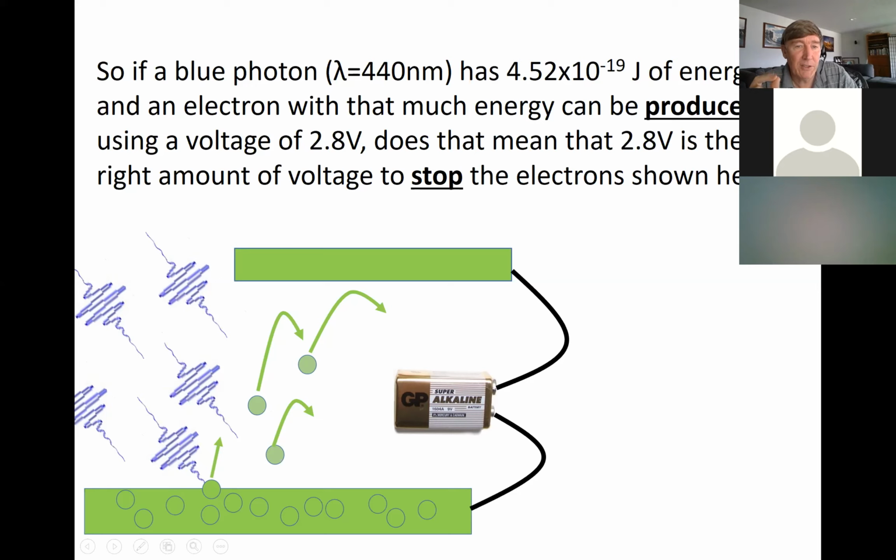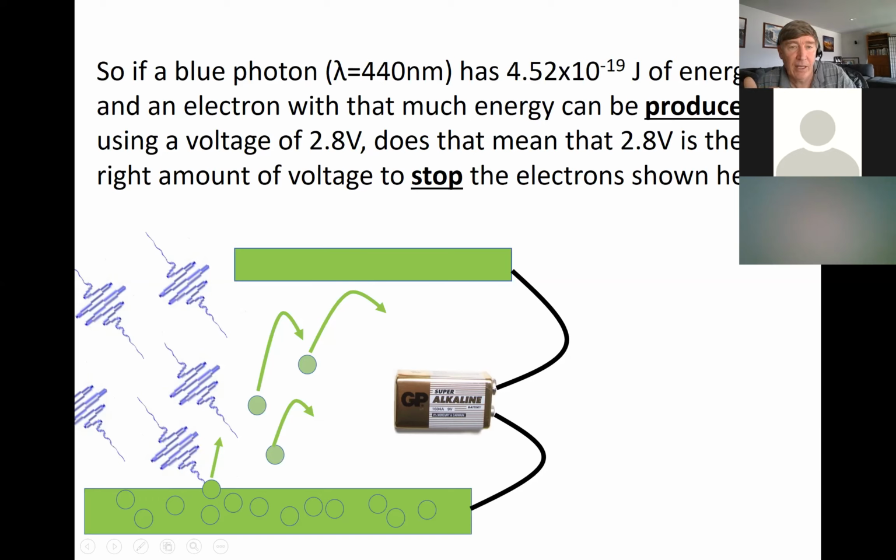What we want to do is take our electron gun and use it not as an electron accelerator, but as an electron stopper. So we're going to take the battery and switch it around so that we put the negative charges up here and the positive down here. So when these guys come shooting out of here with this much energy, they come up here, but they get repelled, and so they don't make it.